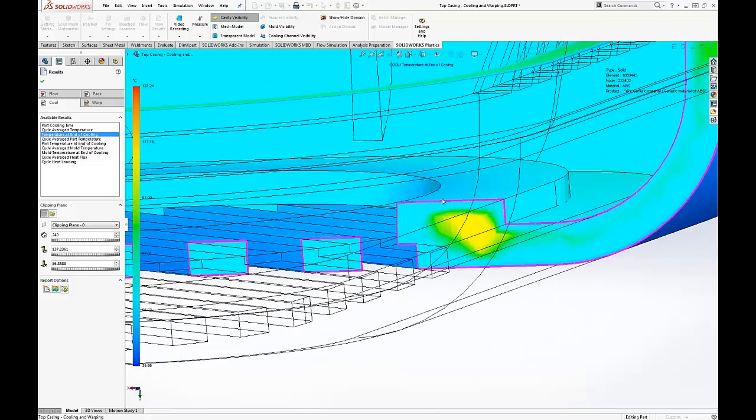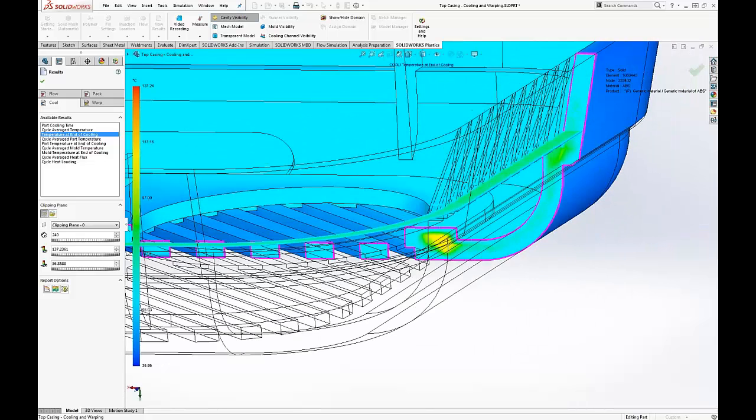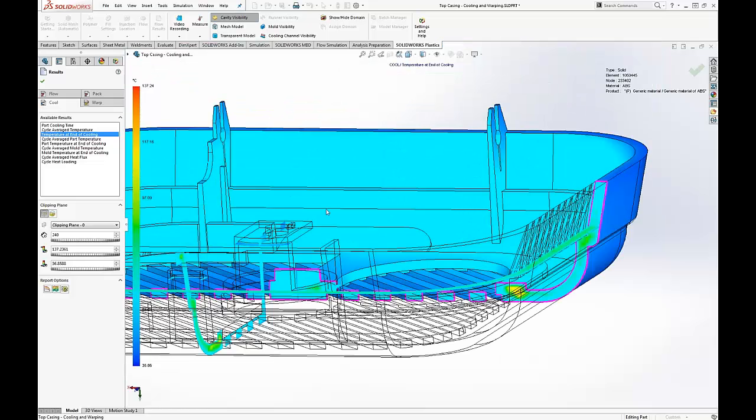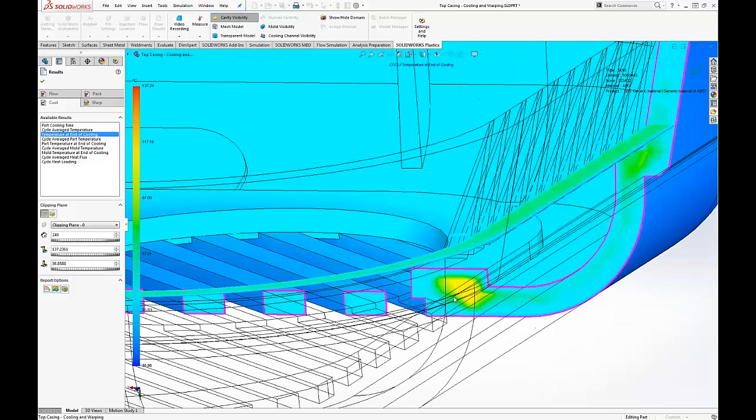So okay, from, let's say, a surface point of view, it's cool, but maybe there are some areas that need to be cooled after the ejection. So it's a matter of understanding what is going on. And of course, from a temperature point of view, you have to know if this temperature is above glass transition or not, if it's already solid or not.